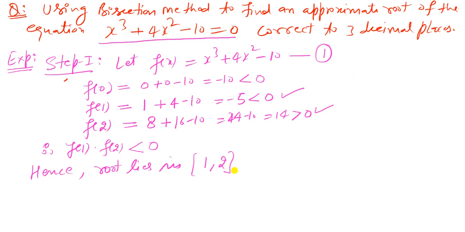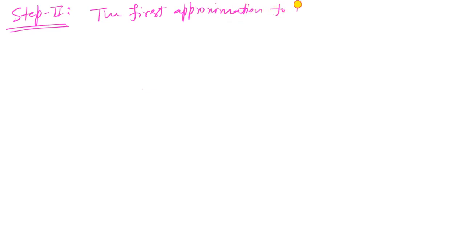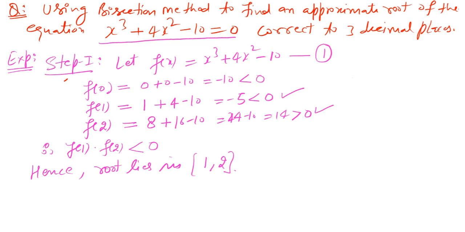Now in step 2, the first approximation to the root, denoted by x1, is x1 = (a + b)/2. So which value is a and which value is b?